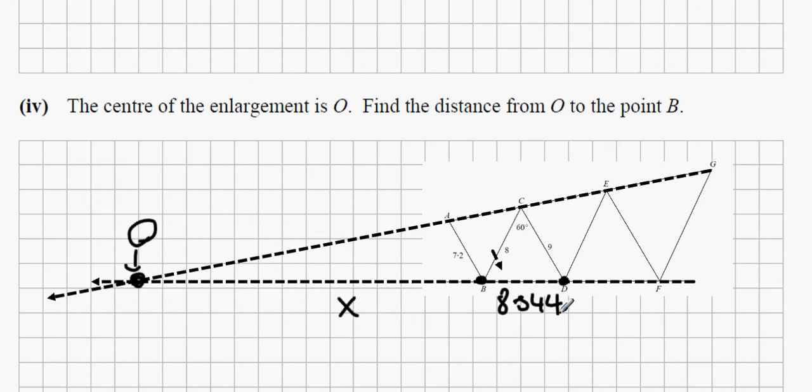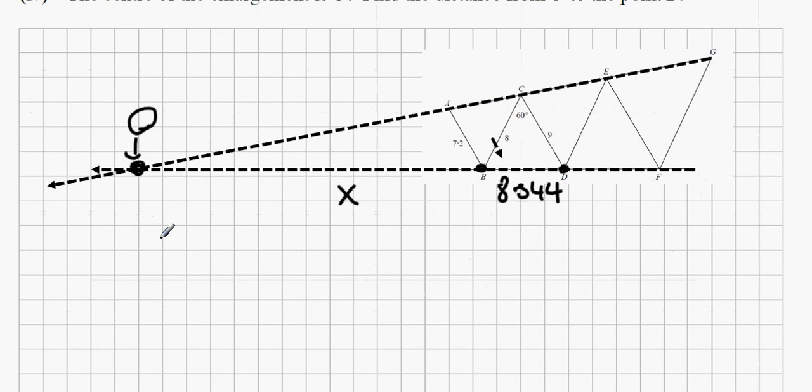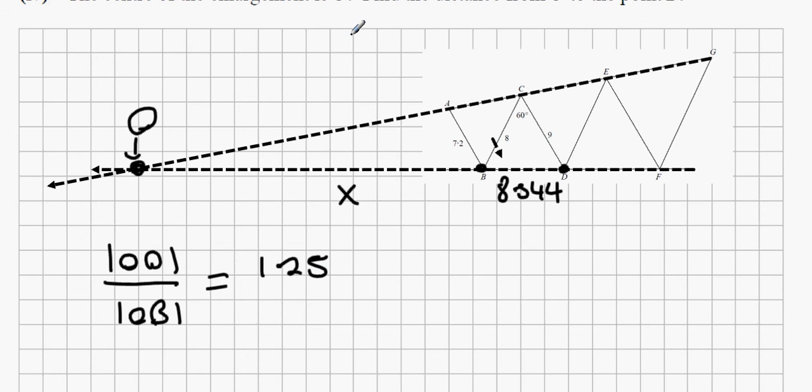So if you know that the enlargement OD in comparison to OB has to be 1.25. Now the reason why it has to be 1.25 is that I'm going to draw out these two lengths here.